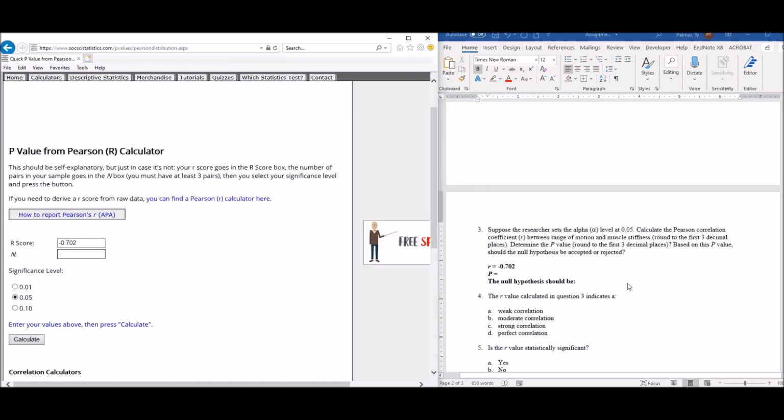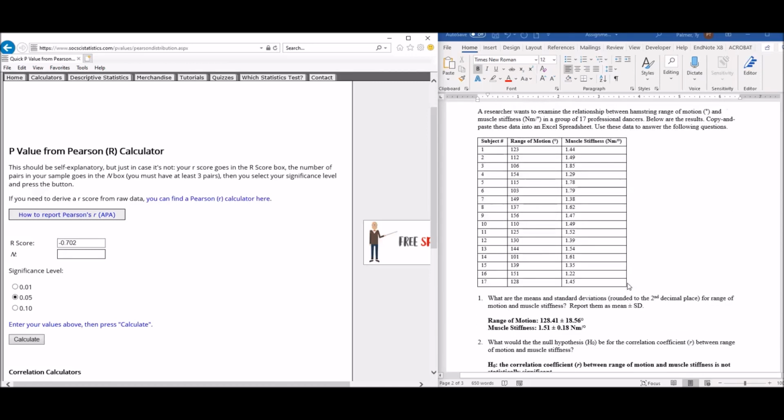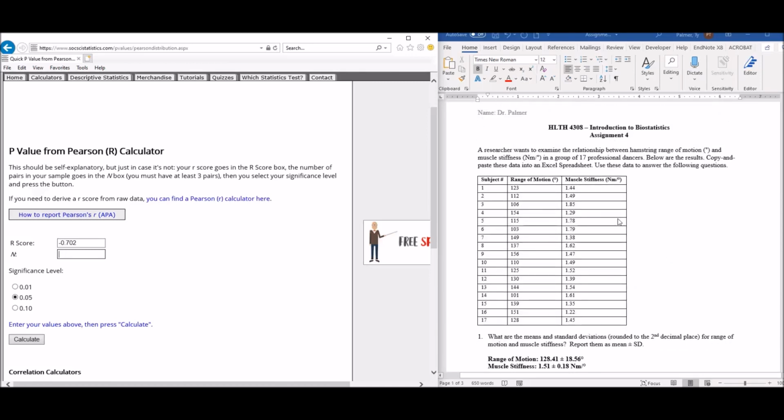If you go back up to the very top, what's our sample size in this problem? Our sample size is the number of subjects that we're testing. And in this particular assignment that I'm working in this how-to video, we have 17 subjects. So 17, that's our sample size. That's what N is equal to, 17. And again, notice that for each subject we have a pair of values.